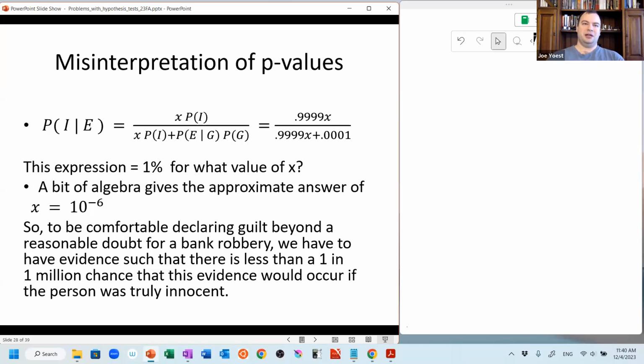Basically saying, in the greater Pittsburgh area, you need to show me enough evidence that this is the only person in Pittsburgh that meets all of these criteria: certain height, certain hair color, certain car, whatever it may be. That's a big difference, right? The frequentist would say 1 in 100, 1 in 200. The Bayesian would say 1 in a million to declare guilt.